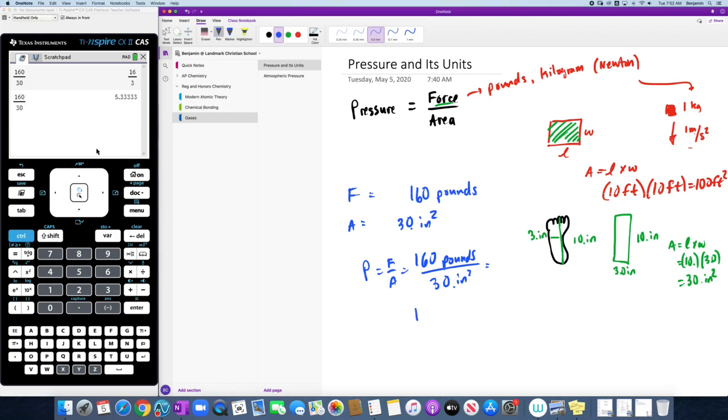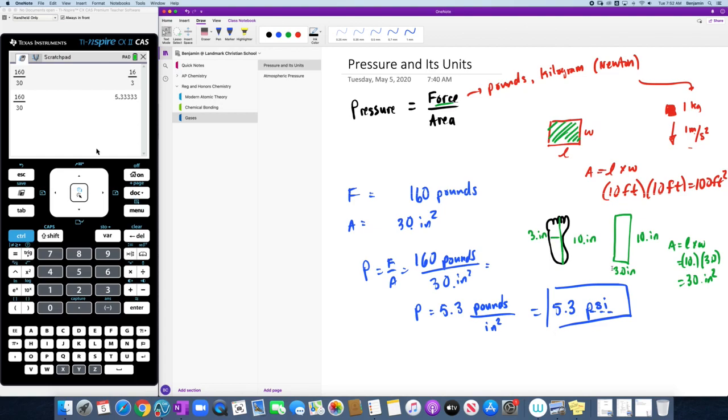So I'm exerting about 5.3 pounds per square inch. Have you ever heard of the unit PSI? I'm exerting 5.3 PSI, pounds per square inch. So that's an approximation for the pressure that is beneath my feet when I'm standing up.